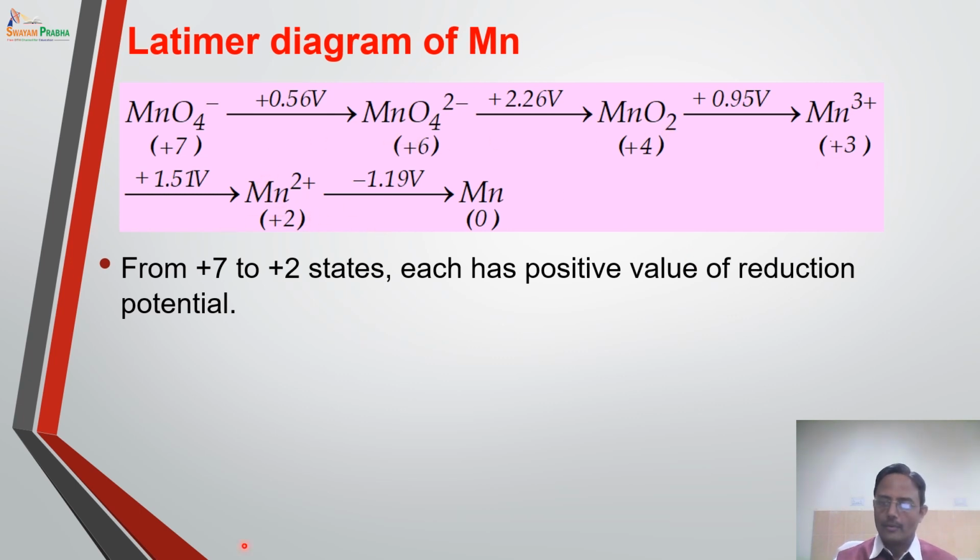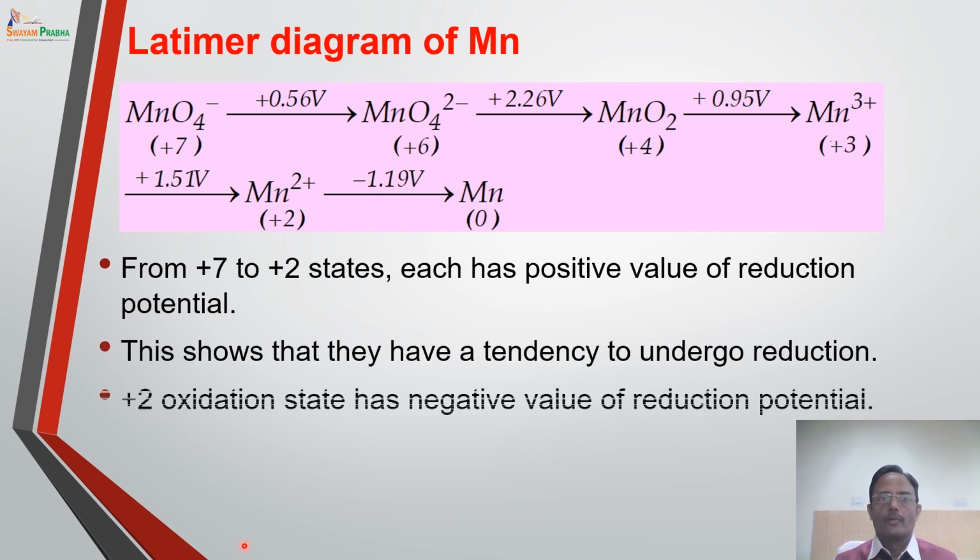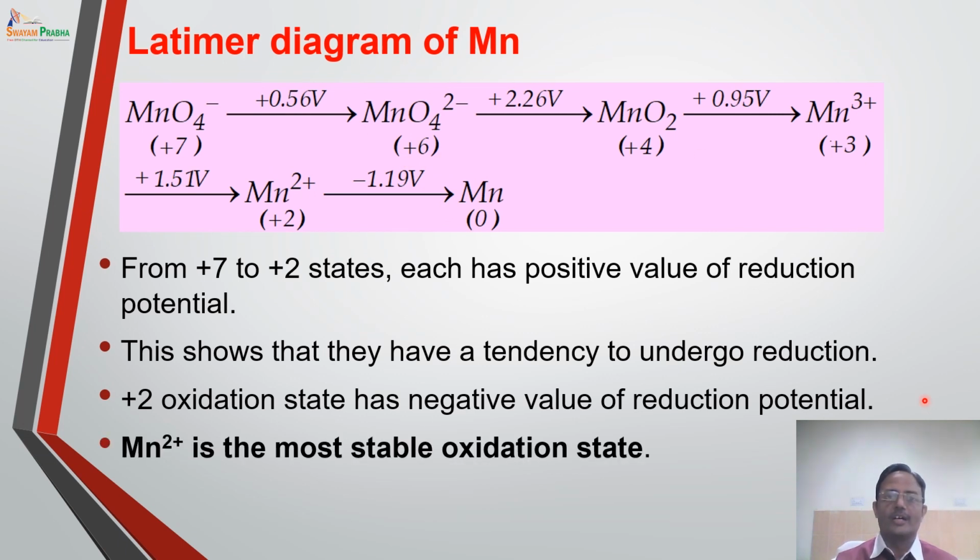But when you go to Mn2+ conversion to Mn, the reduction potential is negative, indicating that the reduction of manganese 2+ to Mn0 is not feasible, indicating that Mn2+ is the most stable species among all of them.